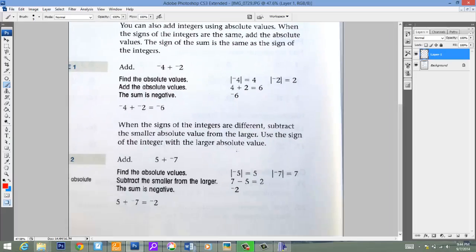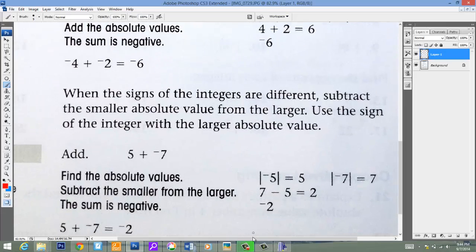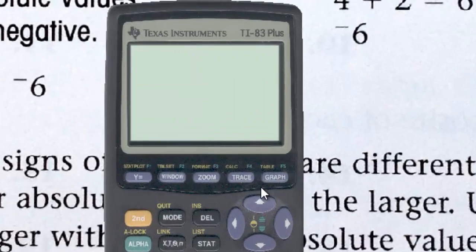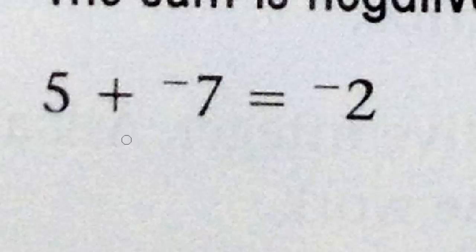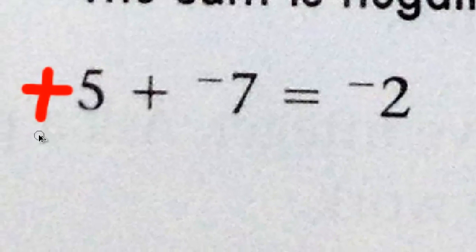So let's do a few more. Let's think about, for example, 5 plus negative 7. I'll go into our calculator, and I'll do 5 plus negative 7, and the answer is negative 2. We know that when we're looking at these sorts of equations, if there is no sign in front of it, then it's positive, right?